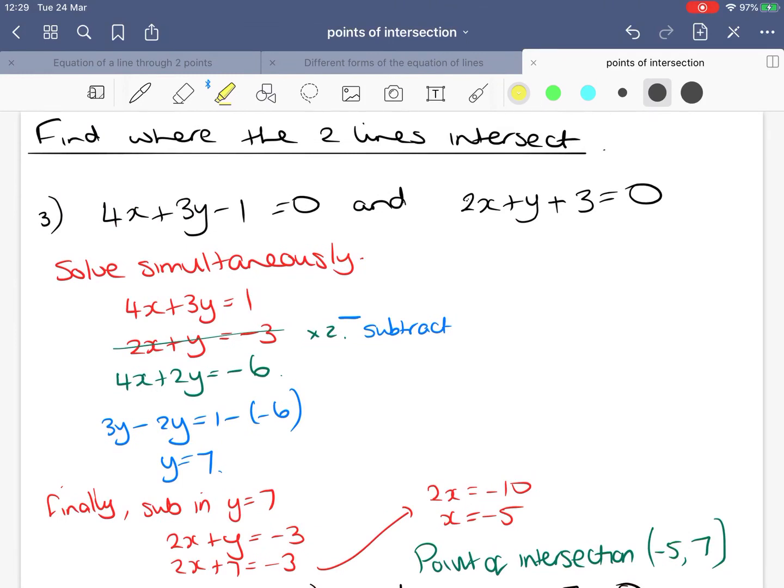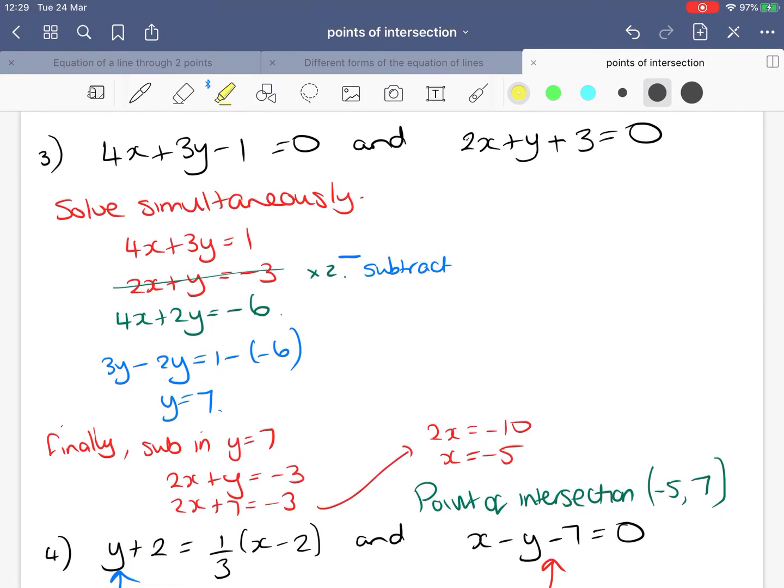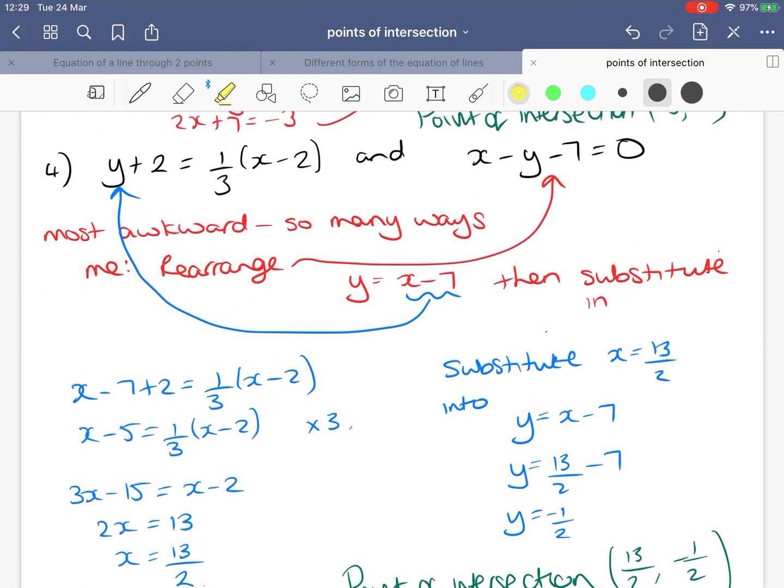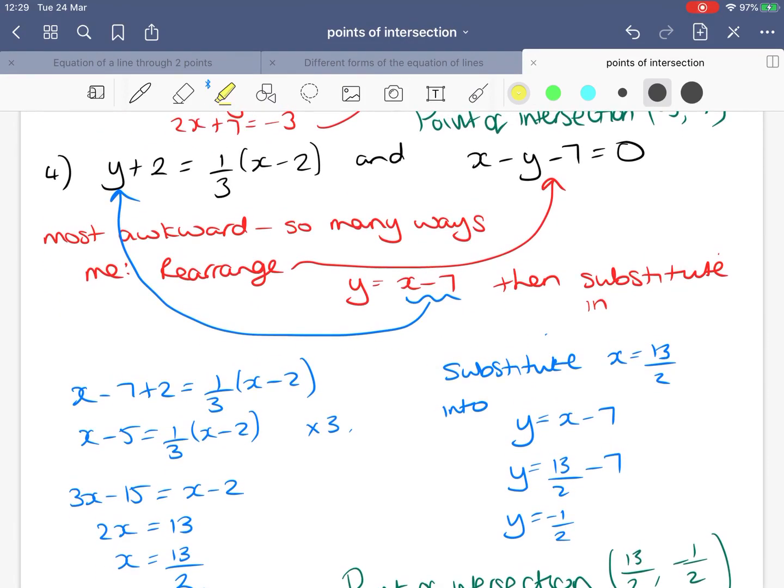Right, number 3. Now these are both in standard form, so I'd probably solve simultaneously. So I'd end up with the y equals 7, substitute it in, and then you get x equals minus 5. And the last one is probably the most awkward, because it's a bit difficult. You don't really know what to do.